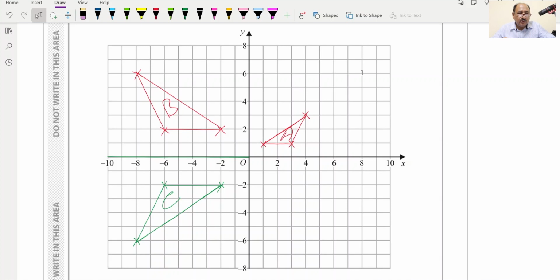If we check triangle A onto C, this is enlargement also, and so it's basically rotation 180 degrees. So let us go through it, and we have to check the matrix.